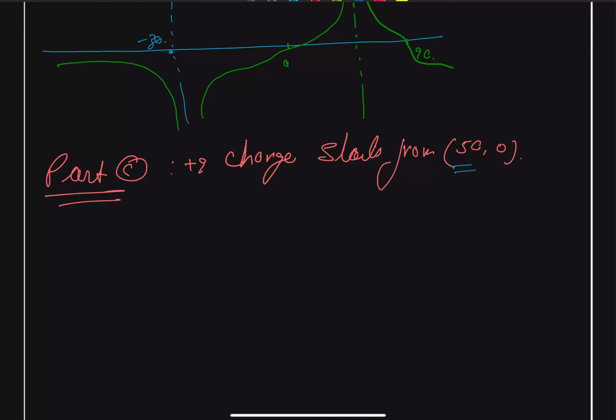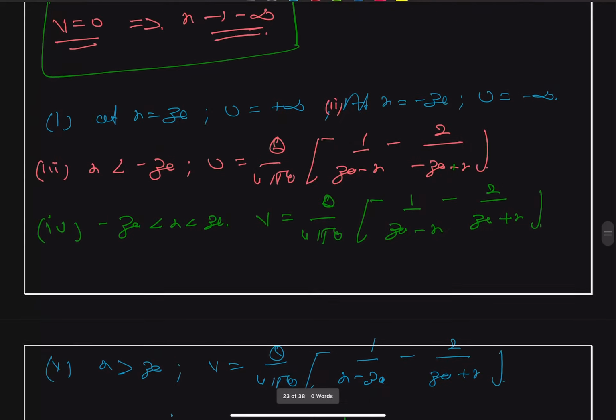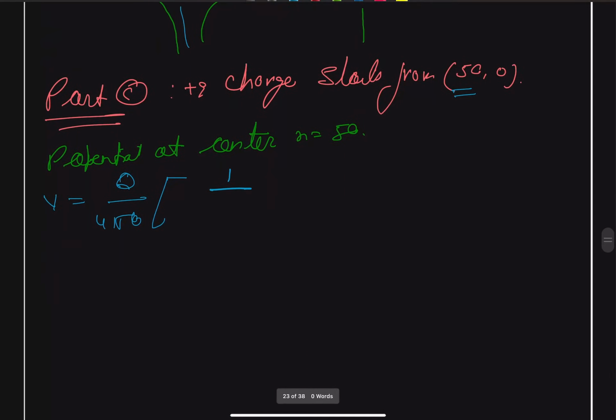So the potential at the center, which is basically at x equal to 5a, because y will automatically be 0, and we can write that V will be equal to Q upon 4 pi epsilon naught times 1 upon 3a minus x, sorry, x minus 3a, which is 2a, minus 2 upon 8a.